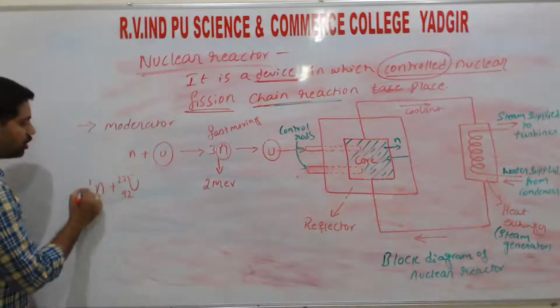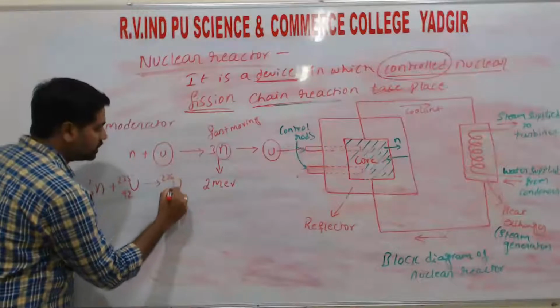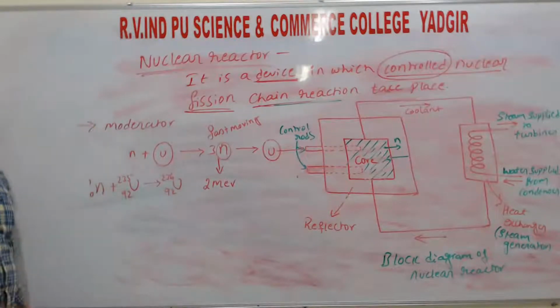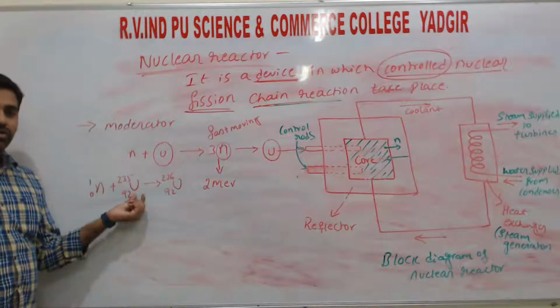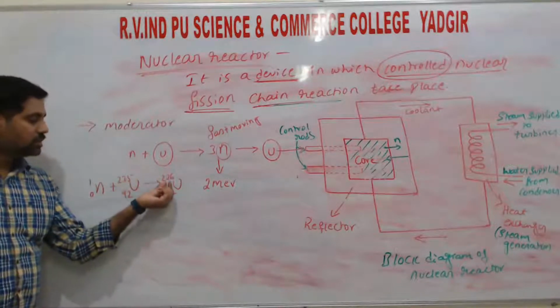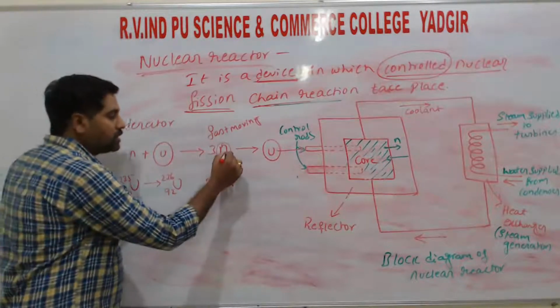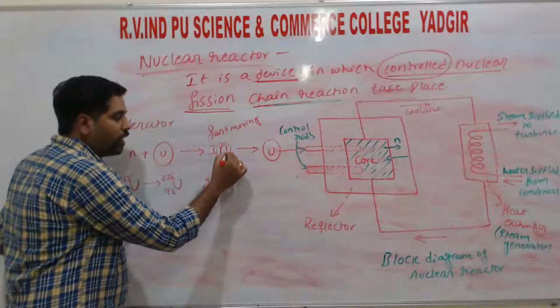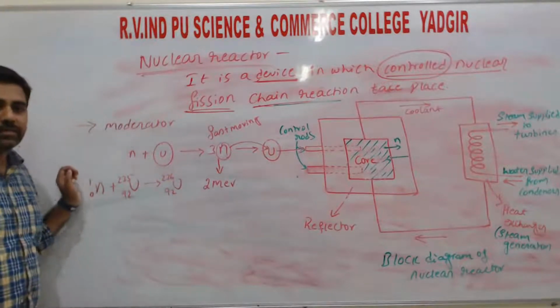When this neutron is bombarded with the uranium, first we get uranium 236, atomic number 92. That means the neutron gets inside the nucleus of the uranium, so its mass number increases to 236. As this neutron is very fast moving, we need to place it inside the nucleus.